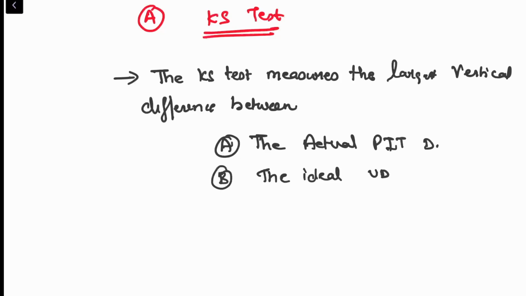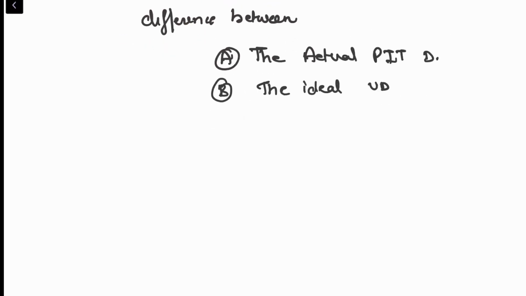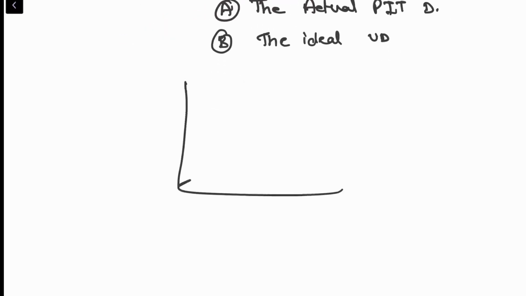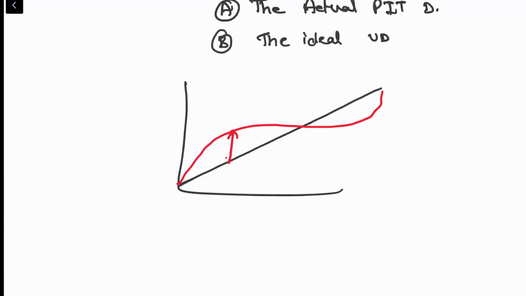If you look at the graph, let me plot it again. This is the one which you wanted, but in reality you have this one. This is the reality. Now you have calculated the vertical distance, the gap between the actual and the expected one.